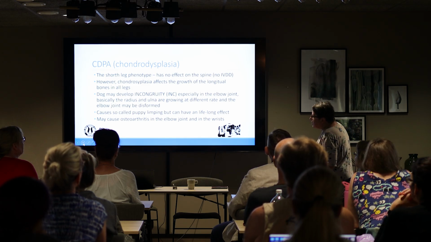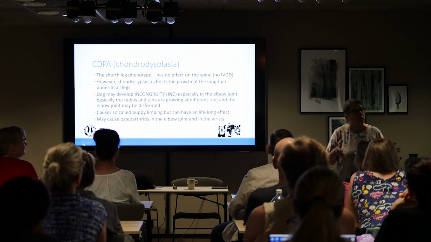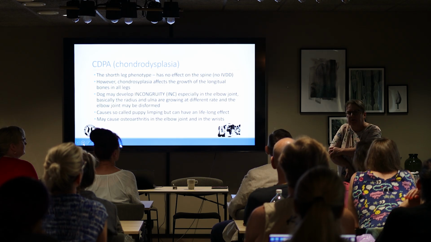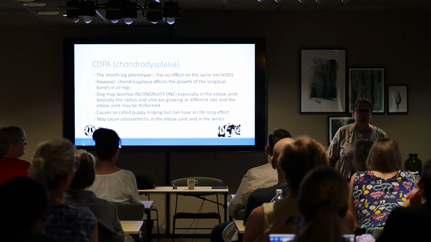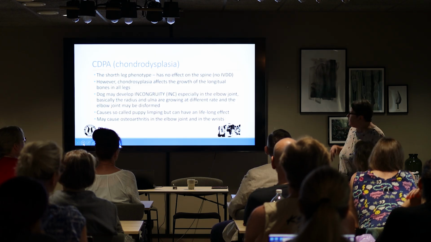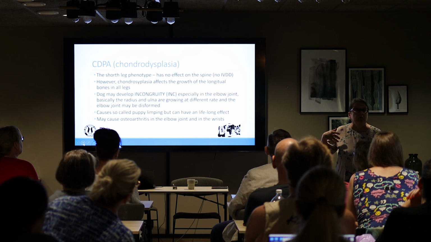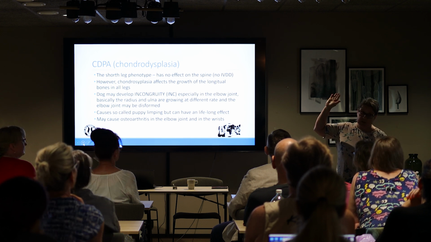And this kind of puppy limping may be temporary, but it can continue. And then at some point, if there are very large differences from the normal in this elbow joint, the adult or elderly dogs can start limping again. And I have experience, I know.